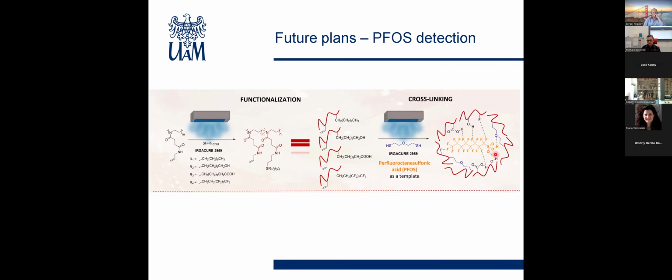There is a resolution about this. They are quite hazardous because they accumulate in living organisms, and they almost do not degrade at all. They are known as the eternal chemicals, or so they are called. That's why targeting them, to have a nice procedure to quantify them rapidly in the environment, would be in demand.